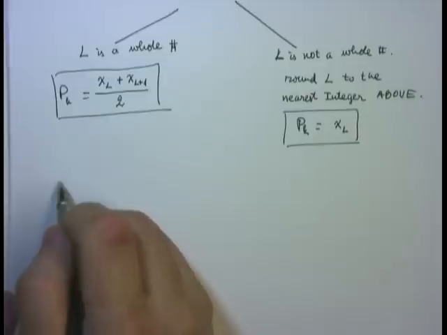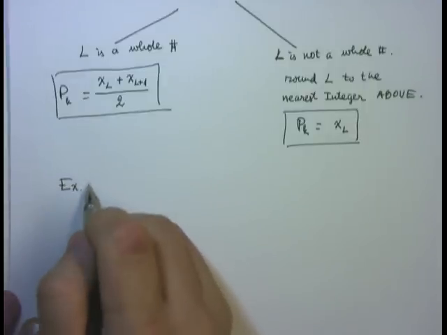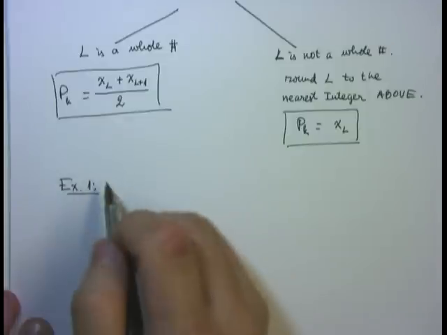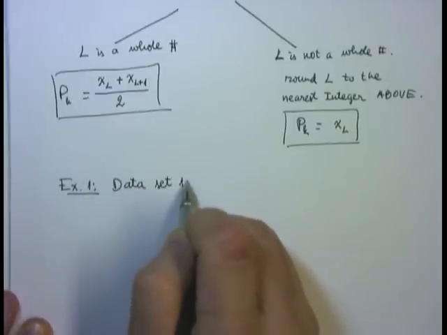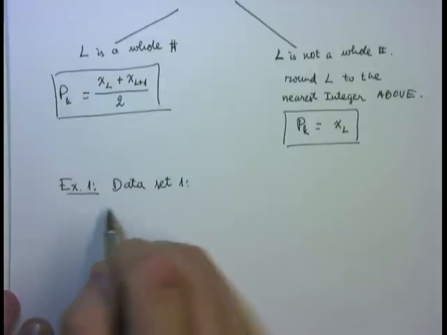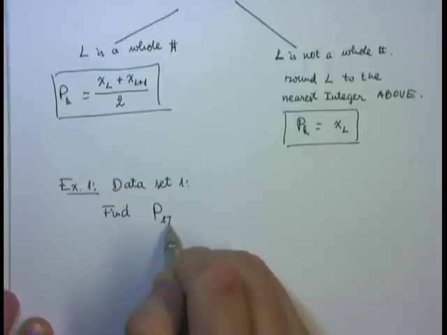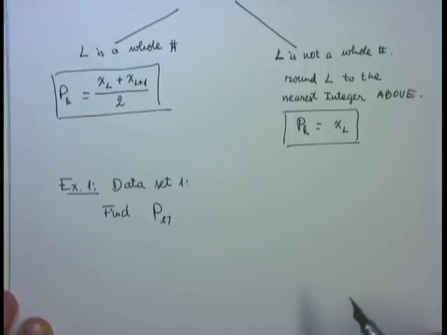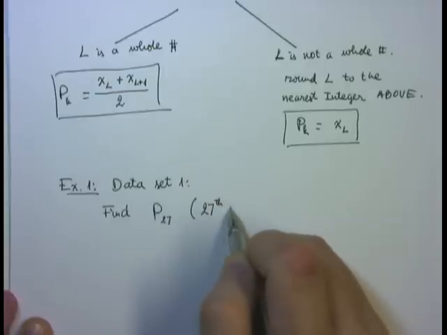So in the first example, we are looking at data set 1. Let's say we want to find P sub 27, the 27th percentile.